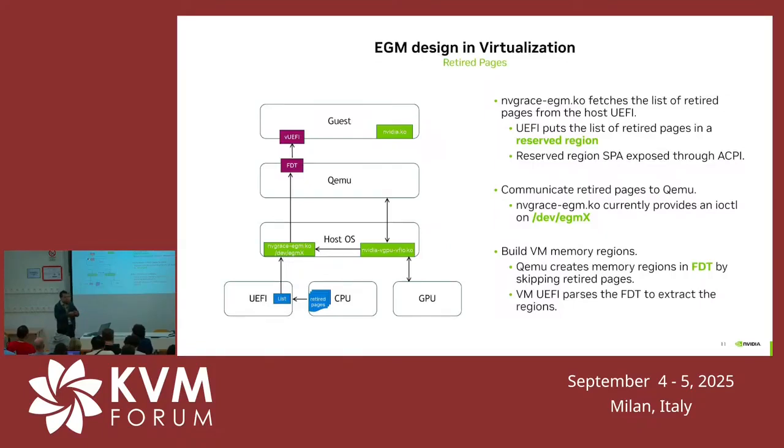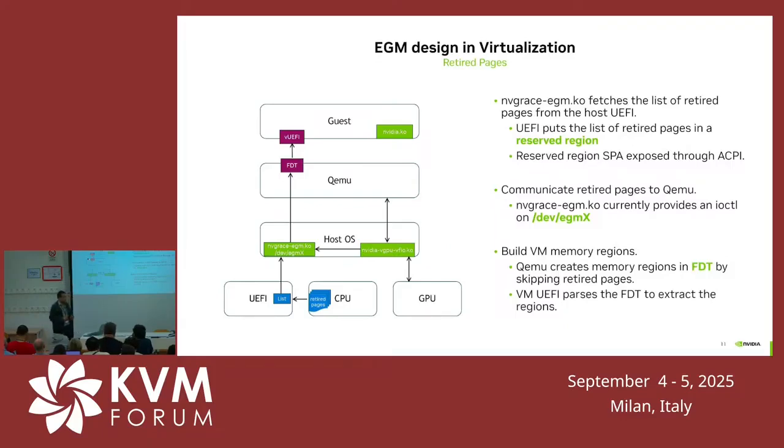It puts the list of all the retired pages in a region and exposes the SPA of the region through the ACPI property. So NVGrace EGM would be aware of it. It would then fetch this information, the list of the pages, and save it in its own data.